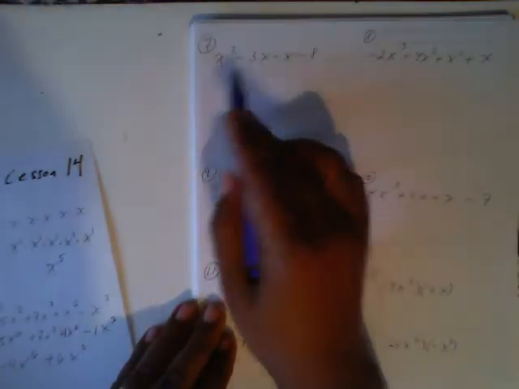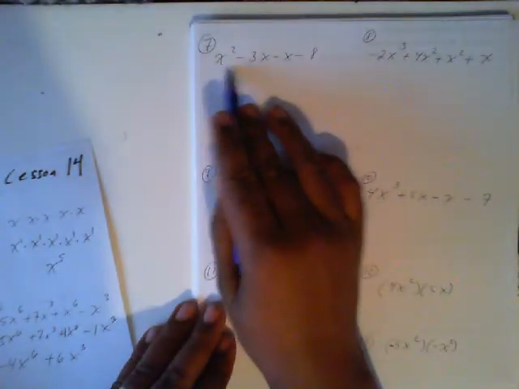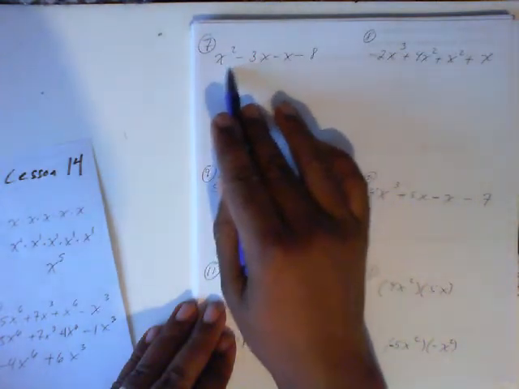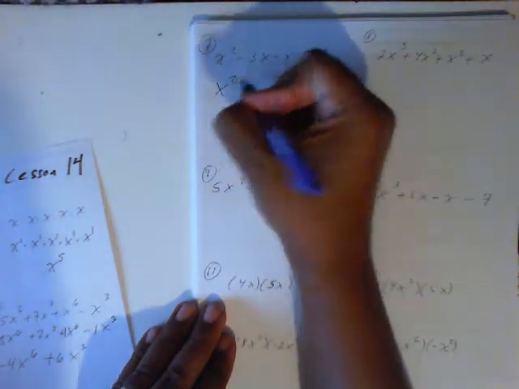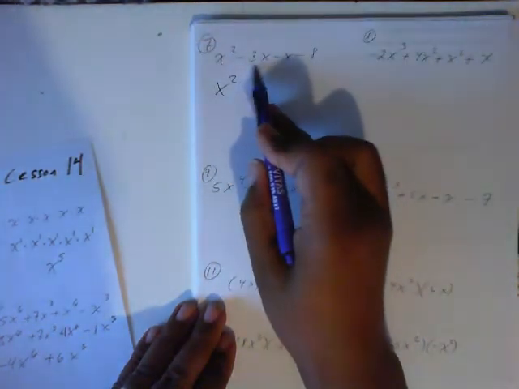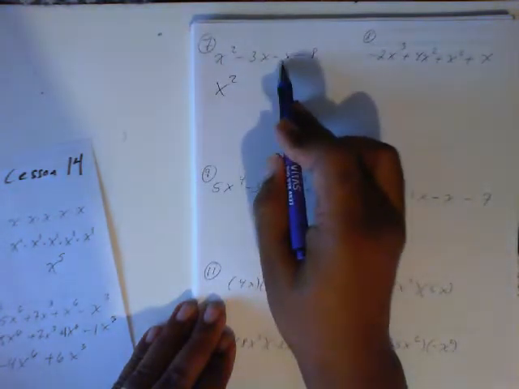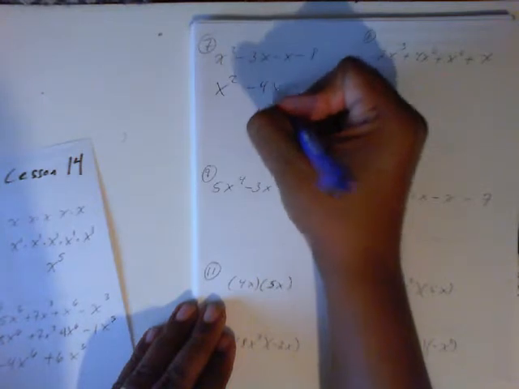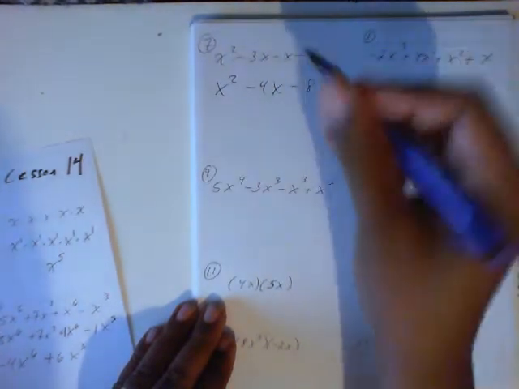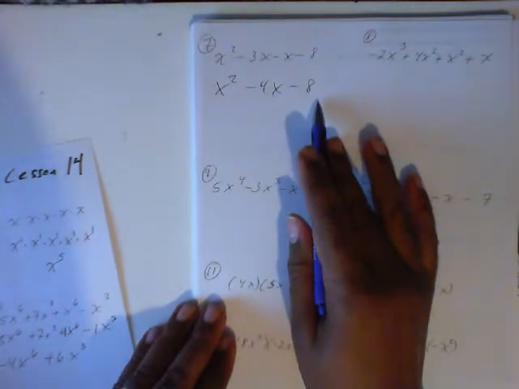Continue this process. This x squared is the only x squared term here, so we get to write that down. This is a -3x and this is a -1x. These can be combined to become -4x. And then -8, which is a constant, simply comes down.